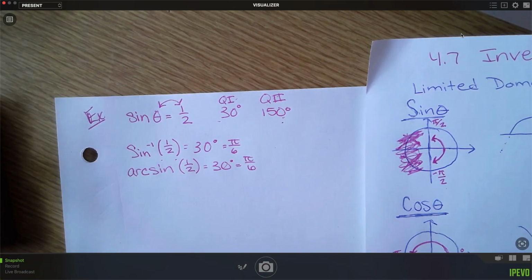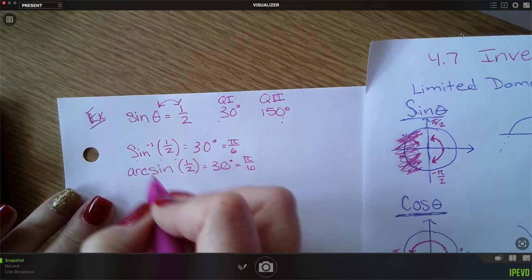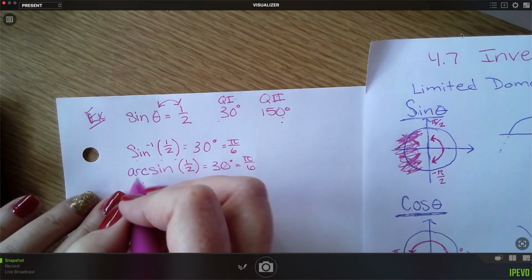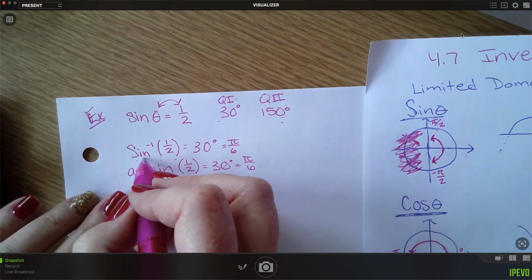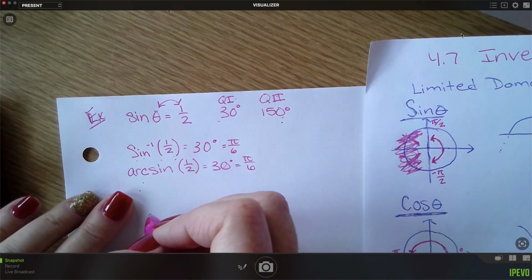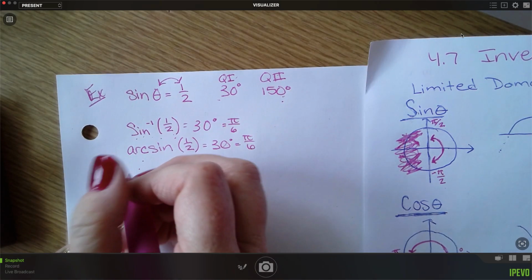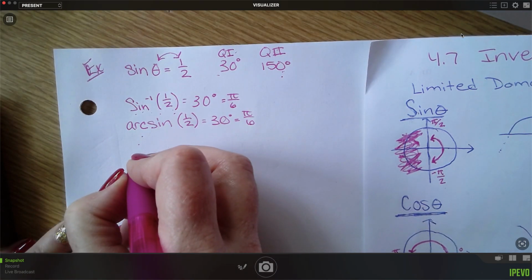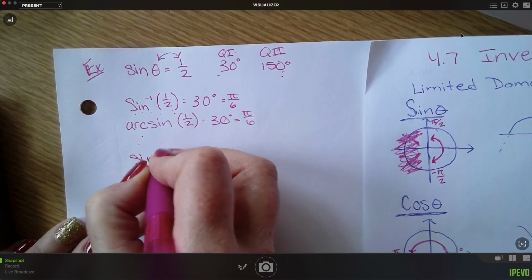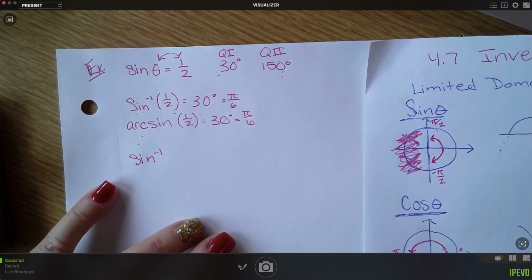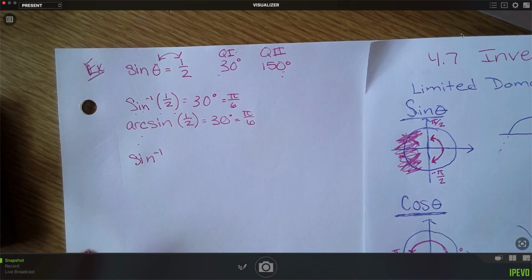Okay, so inverse sine and arc sine mean the same thing, and all it's asking you is what angle is sine 1/2 at? 30. I think they use lowercase because anything inverse has to be, but if I'm talking about it in general, I'd have a capital.